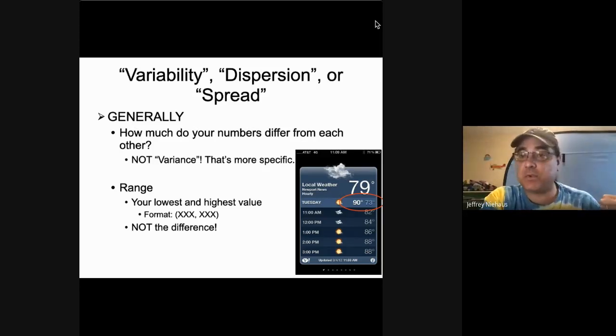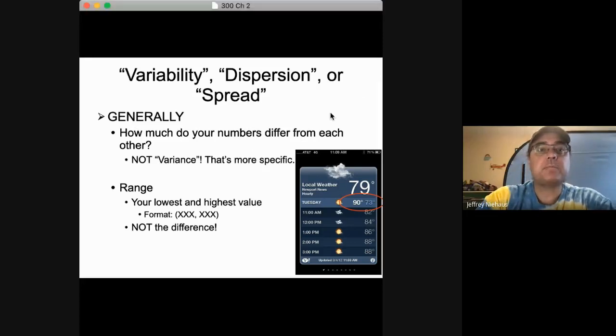Same thing for 73. You've got a half a degree below 73 that is also a part of that range. So technically, if you were really going to do this precisely, the range expressed by the difference between 73 degrees and 90 degrees would actually be not 17, but 18 degrees. That's why I'm asking us not to even bother with it, because I don't want to go into trying to figure out the difference between continuous and categorical or real limits, or all these variables. Just give me the low number and the high number.